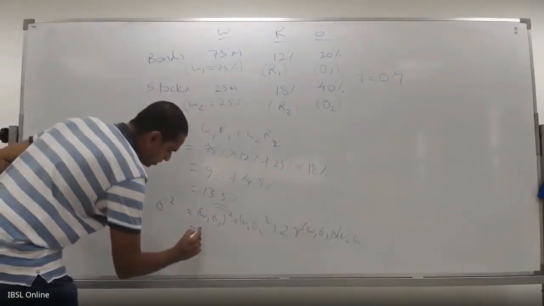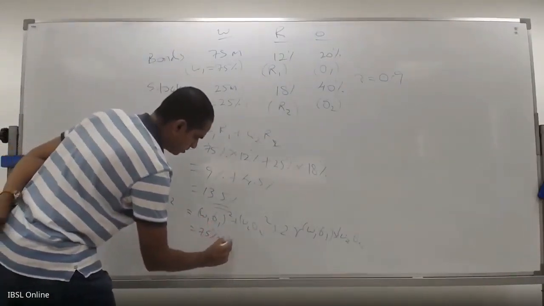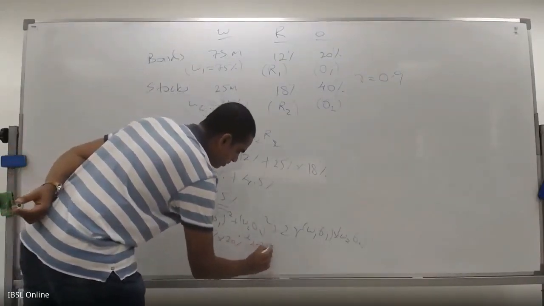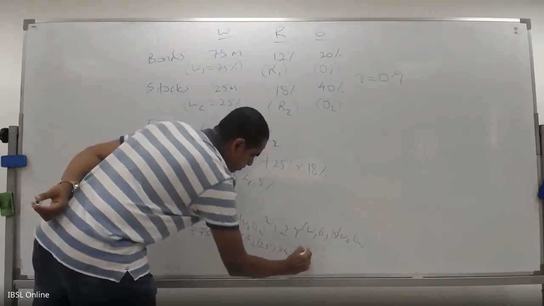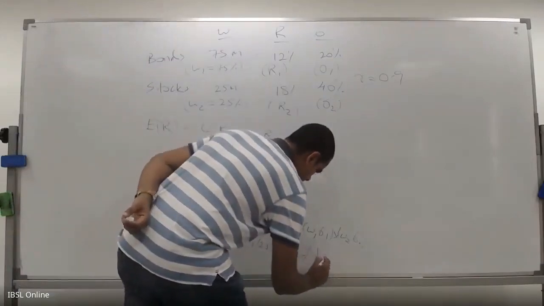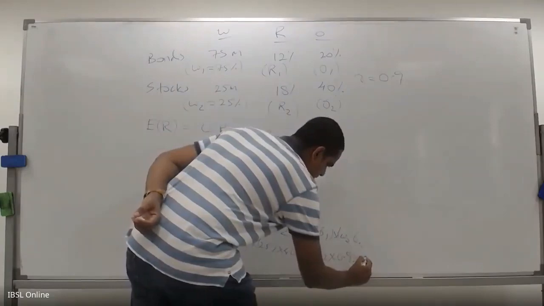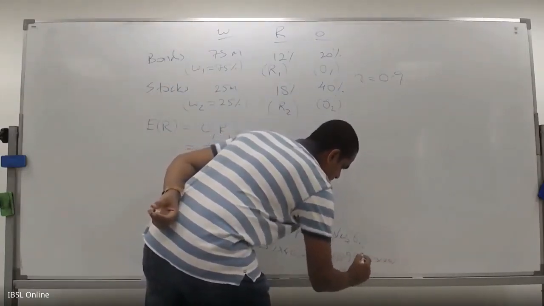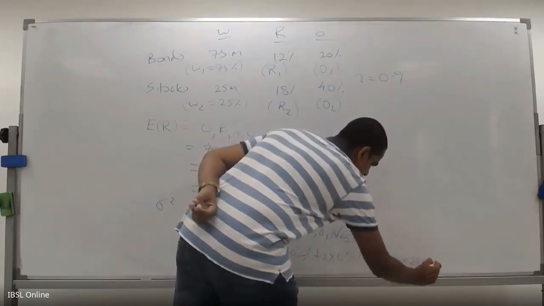W1 is 75% into sigma 1 20% square, plus W2 25% into 40% square, plus 2 into 0.9 into 75% into 20% times 25% into 40%.